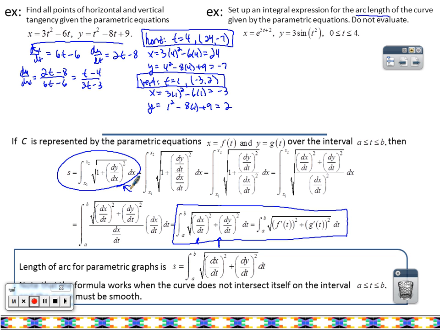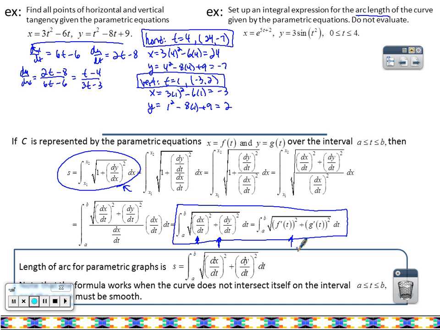They look very close to each other. Our original formula was the square root of 1 plus the derivative squared. This takes you through the whole process of how we get to this formula. But our parametric curve length formula is very similar, but we do (dx/dt) squared plus (dy/dt) squared. That's the formula, and this is just using function notation.